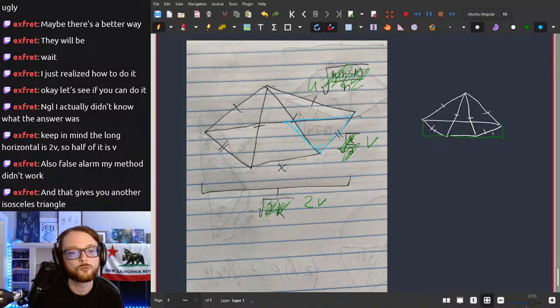Or like those two angles are the same. And also reflected across. Oh wait, so that, oh, you know what? If we do reflect it across, don't we have a third isosceles triangle on the bottom with X?